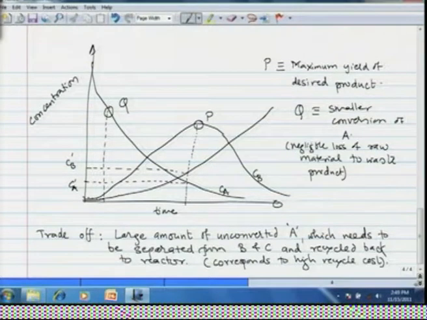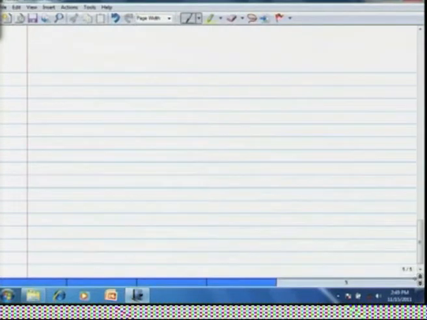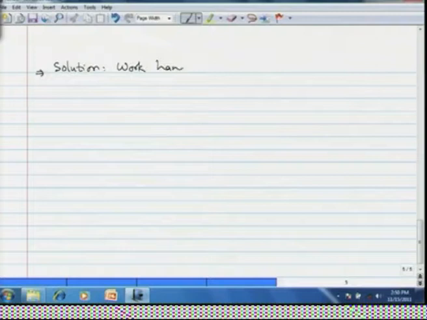Now, a better approach for optimization of a process under such condition is to work hand in hand with a chemist. Once we determine that point Q is the economic point or optimum point of reactor operation, we need to know more about the reactor outlet at point Q, as the kinetics of the reaction, the side products at point Q, and so on and so forth.